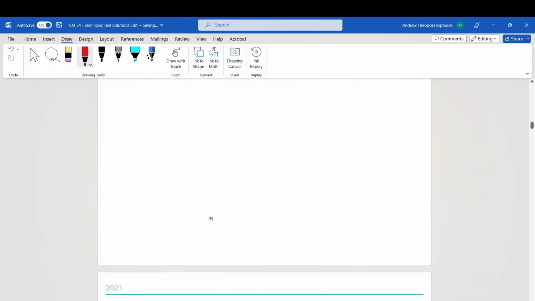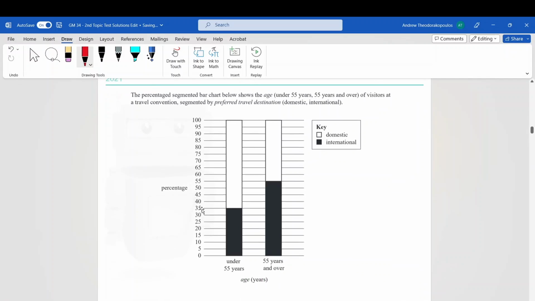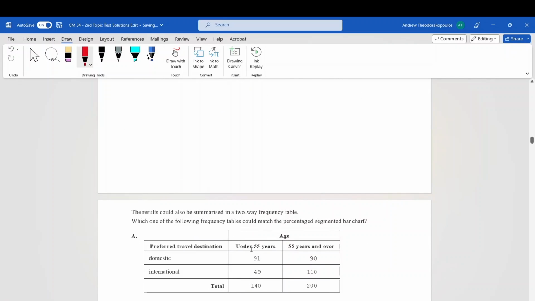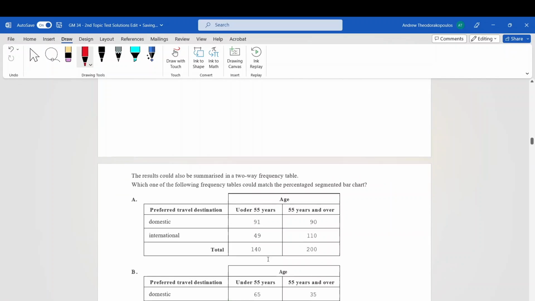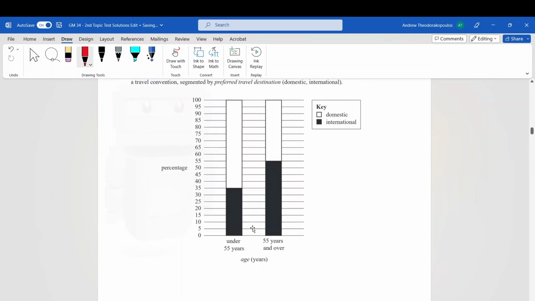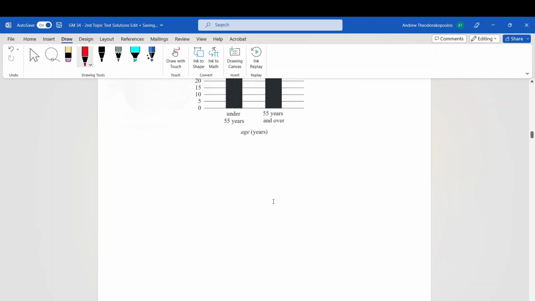For this next question, it does take a bit of time, but what you do need to recognize is that you're working out a percentage. All the percentages are here, but you're working out the two-way frequency table. So which one of these tables represents that graphic? For under 55 years, we have 35% of people at international.